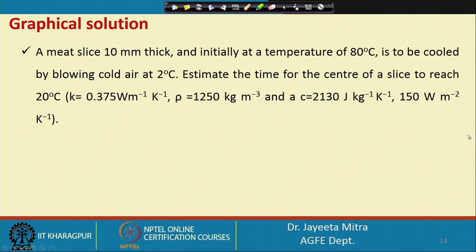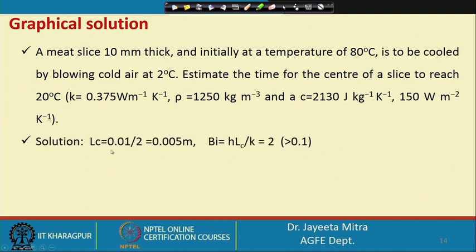Okay. So, then we will see that solution. Again we will find the characteristic length and the Biot number of this. So, m will be 1 by Biot number, that is 0.5.